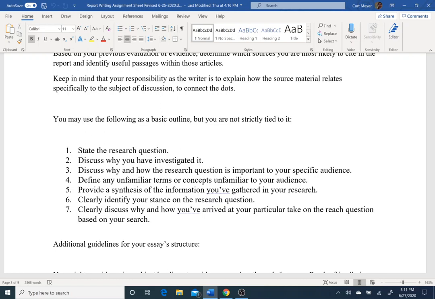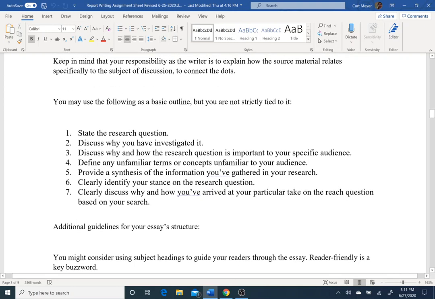Okay? Keep in mind that your responsibility as an essayist, and indeed where your creativity, your ingenuity come into play largely, is when you explain the relationship between the material that you're quoting or citing, okay, and the point that you're trying to make, okay?